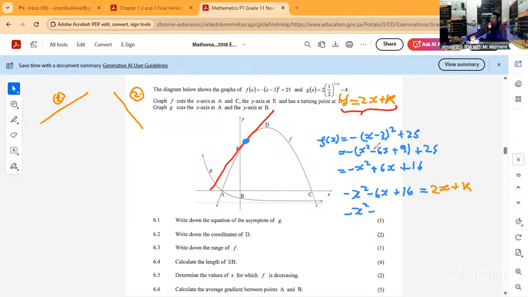So the negative 9 is the one going to come. Worked out from there, the negative multiplied gives negative x squared plus 6x and then plus 16. So this one has to be positive such that it would be positive when this comes to the other side. It's going to be 6x minus 2x, which gives us 4x. Therefore, plus 16 minus k is equal to 0.